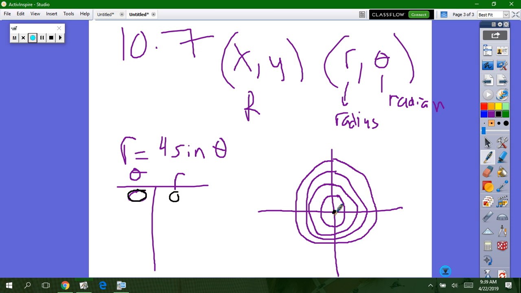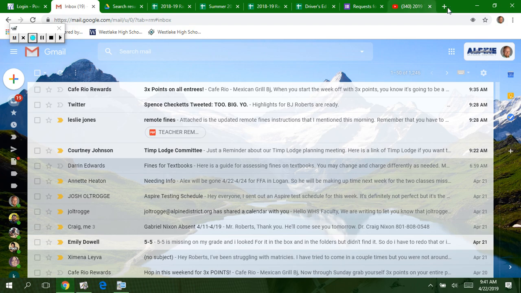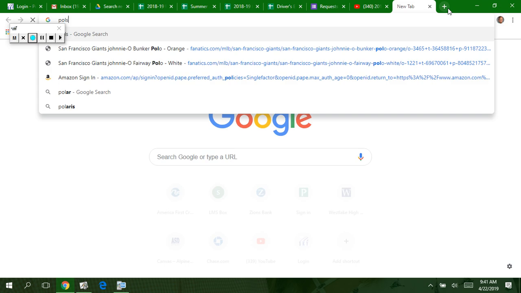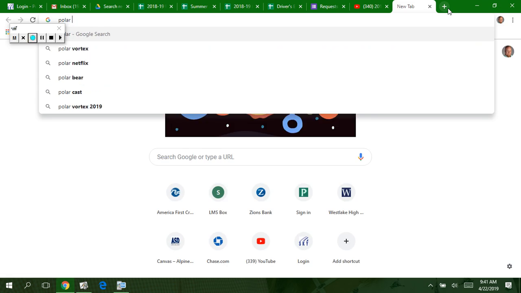Everybody got that? Let's plug in pi over 6. Now, you could pull yourself up online, polar graph.